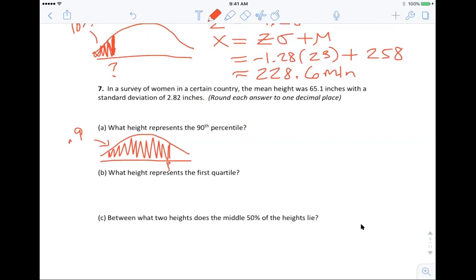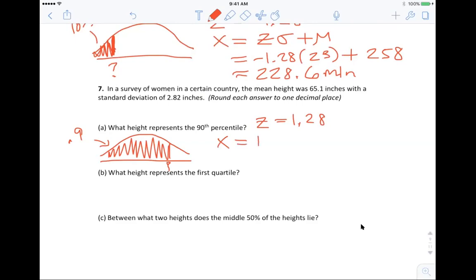If I think about that, 90% to the left, 10% to the right. If I go to StatCrunch, my z-score on that one is going to be that 1.28 again, right? So you can do less than 0.9 or greater than 0.1. Either way, will give you that same z-score. If you try that in StatCrunch, you'll see it. Okay, and so I can calculate my x.